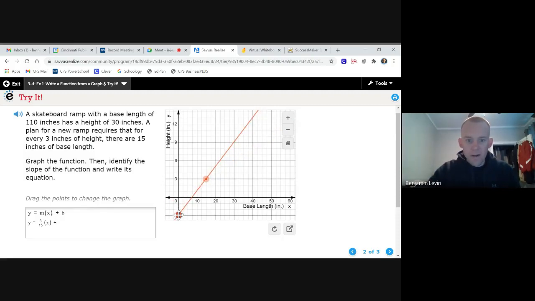If it was down here, it would be different. If it was down here, what would it be? You guys know this. Think about this. We spent a week and a half on this stuff. What is our y-intercept of this line right here?